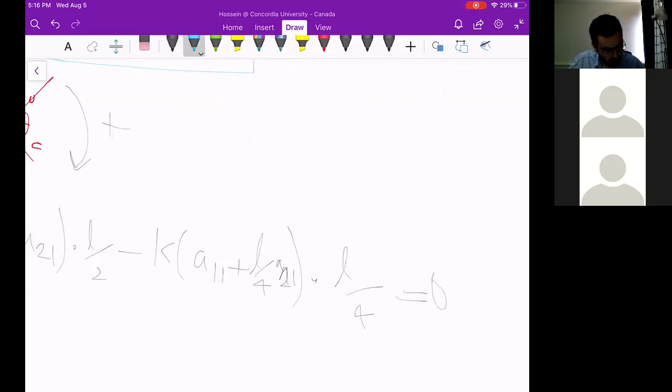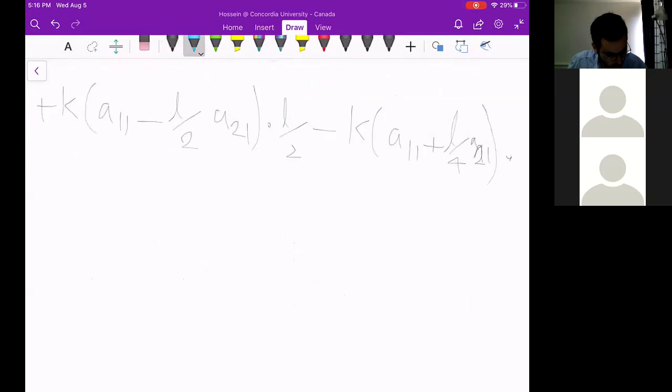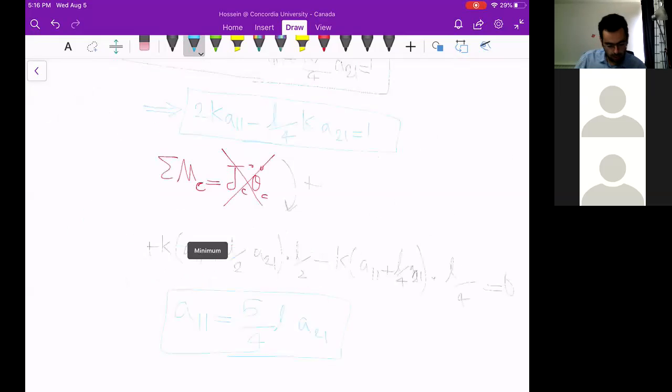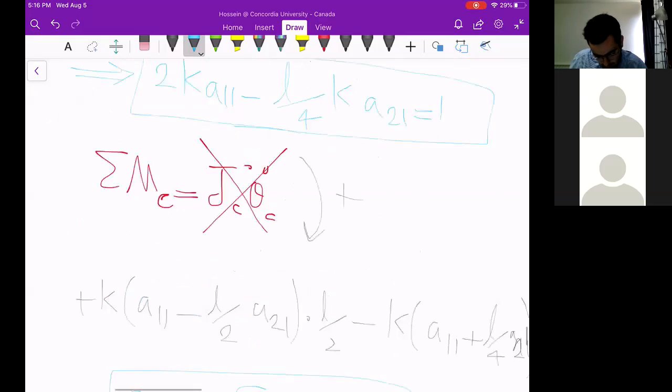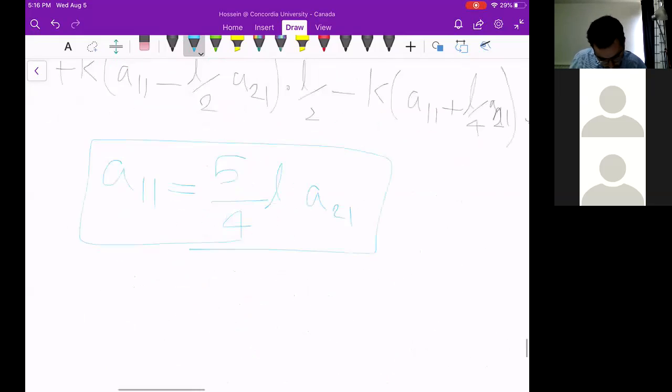If you manipulate here and if you isolate A11, it should be equal to 5 over 4 L A21. So I have two equations, A11 equals 5 over 4 L A21 and another equation here. Let's call it equation 1 and equation 2.